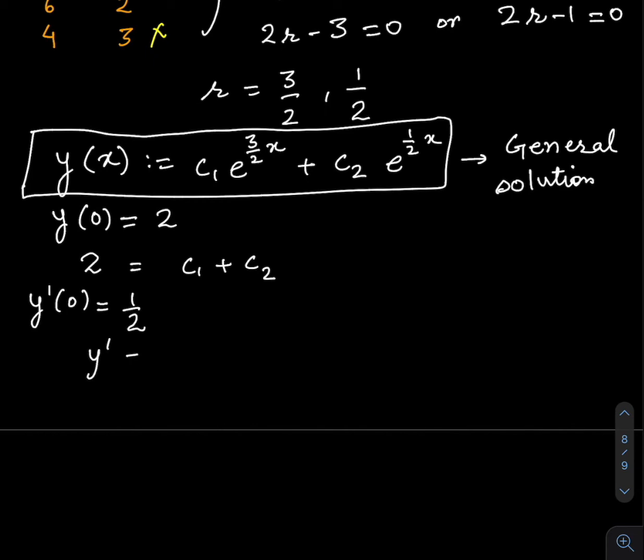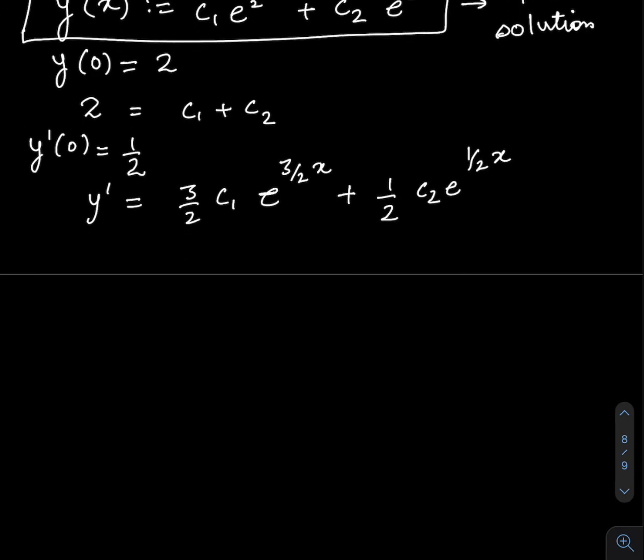Here the derivative is equal to 3/2 c1 e to the power 3/2 x plus 1/2 c2 e to the power 1/2 x. We plug in x equal to 0 and y prime equal to half. We get 3/2 c1 plus 1/2 c2, which is the same as saying 3c1 plus c2 is equal to 1.